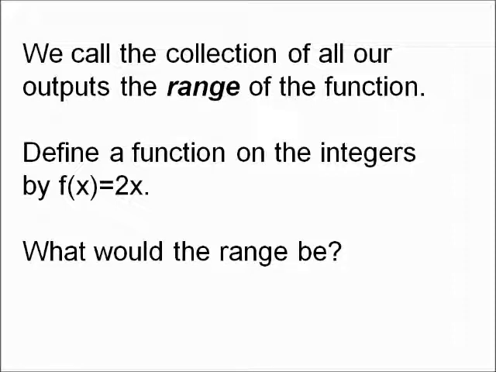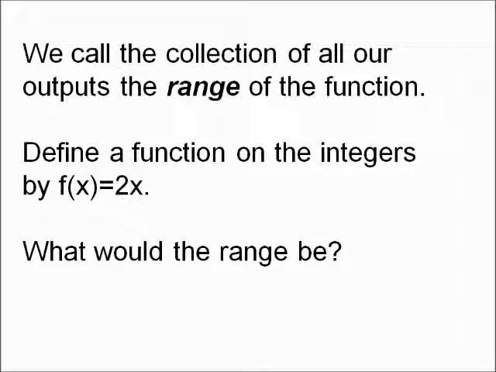Now let's think about this. Any number I plug in, I'm just going to multiply it by 2. If I plug 0 into my function, 2 times 0 is 0. If I plug 1 into my function, 2 times 1 is 2. If I plug 2 into my function, 2 times 2 is 4. So by plugging in 0, 1, and 2, my function is spitting out 0, 2, and 4.